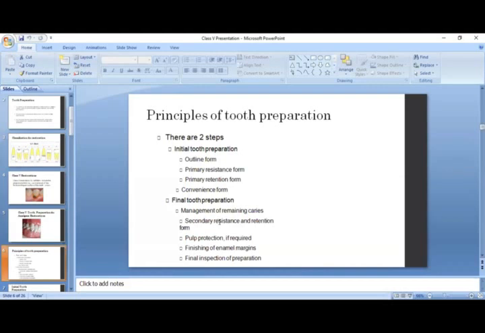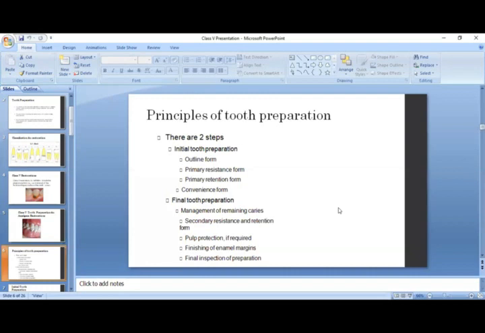Secondly, the secondary retention and resistance form. Secondary retention and resistance form means, as I already told you earlier, that most of the cavity designs, depending on the restorative material, require some parameters to resist against the occlusal forces, the chewing forces, or the forces that ultimately come on the tooth structure and the restorative material.